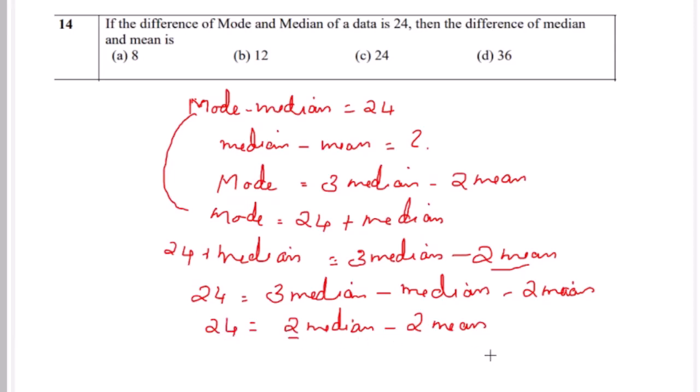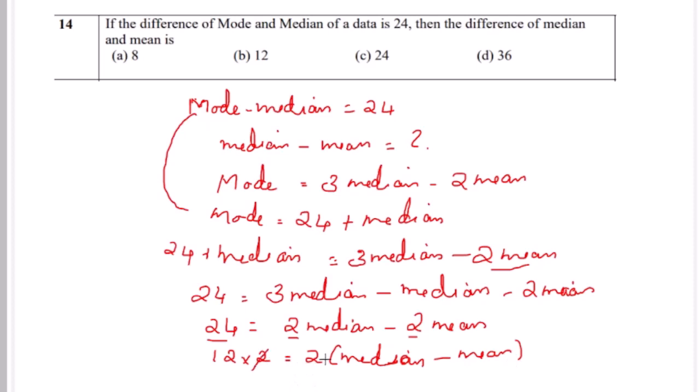Now we can take 2 as a common factor. This is 12 into 2. That is, here 12 into 2 is equal to 2 into median minus mean, because you can take 2 outside.